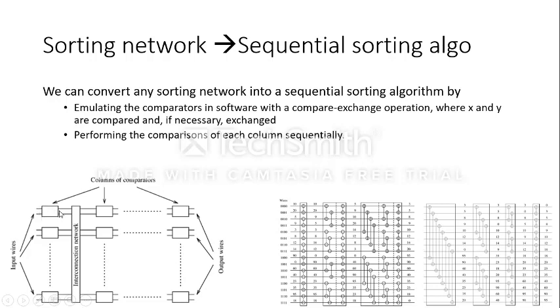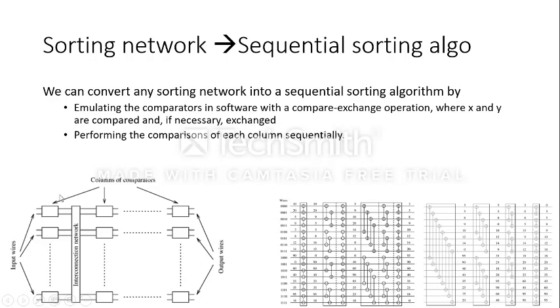This particular increasing comparator or decreasing comparator has to be simulated with the help of a function. So they have to be evaluated in software with a compare and exchange operation, such that the x and y values are compared and exchanged.